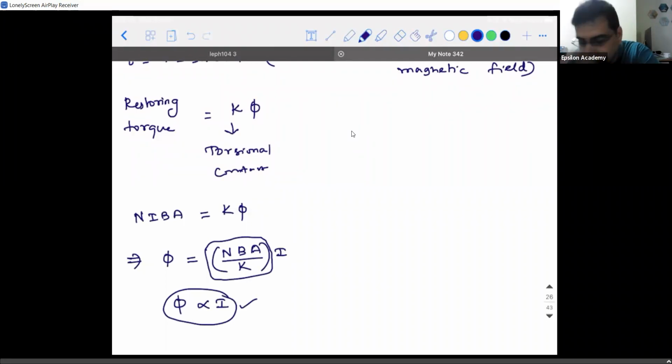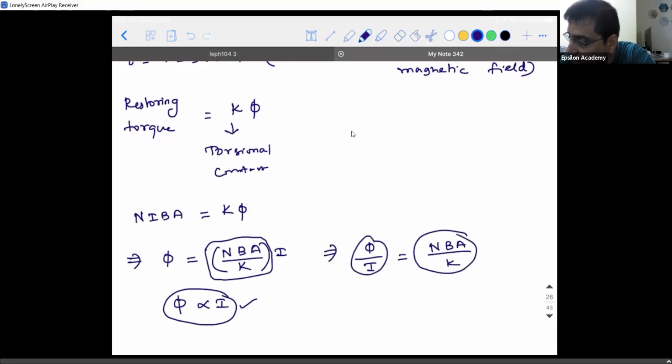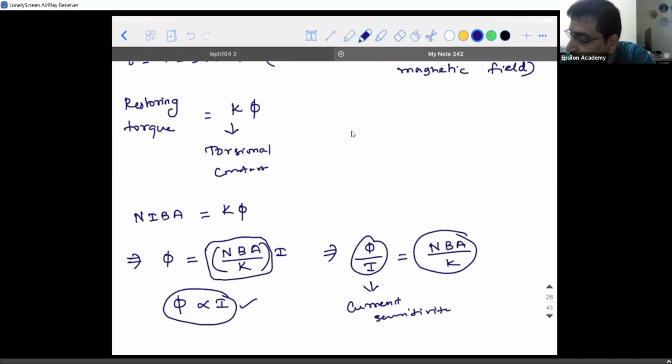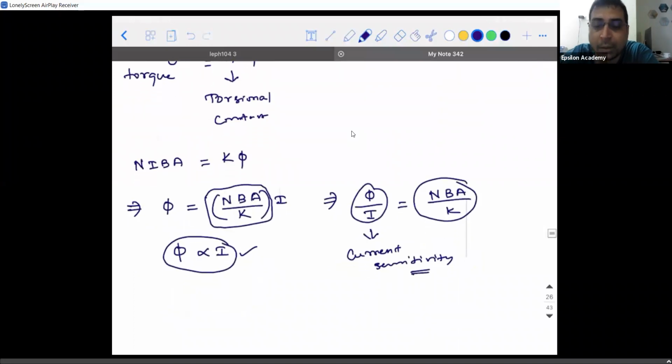Right? Then I told you another thing also, that if you rearrange the equation, you will get phi divided by I is equal to NBA divided by K. What do they call this phi by I as? This is called current sensitivity. So what do we mean by current sensitivity? It is the amount of deflection that is produced in the galvanometer when you pass unit value of current.